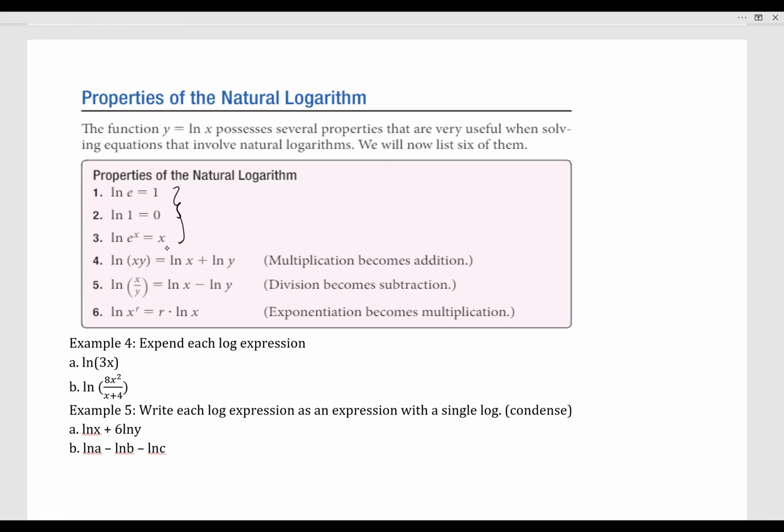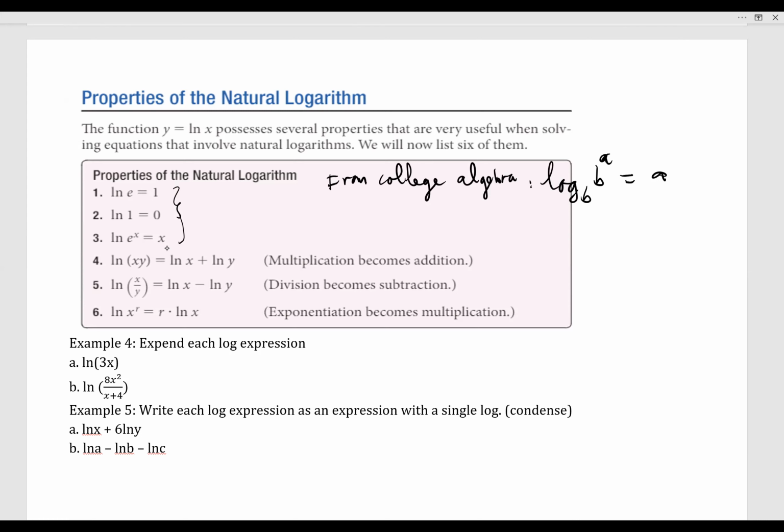And also, if you remember from college algebra, log base b of b to some power, say a, will be equal to a, because you have to know that the logarithm is an exponent.